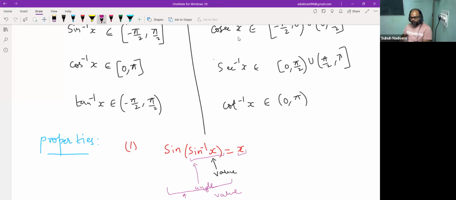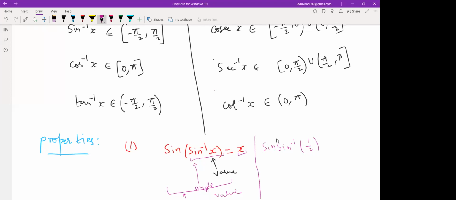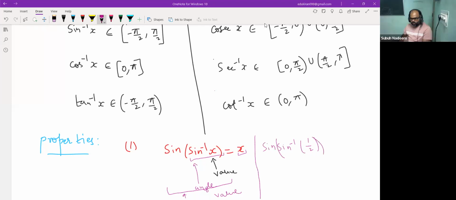Like for example, you have 1 by 2. So if you want to find what is sine of sine inverse of 1 by 2, what would you do?